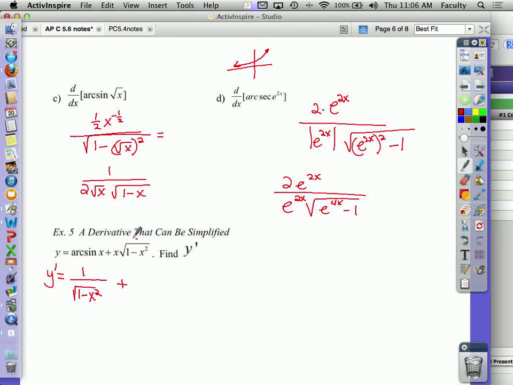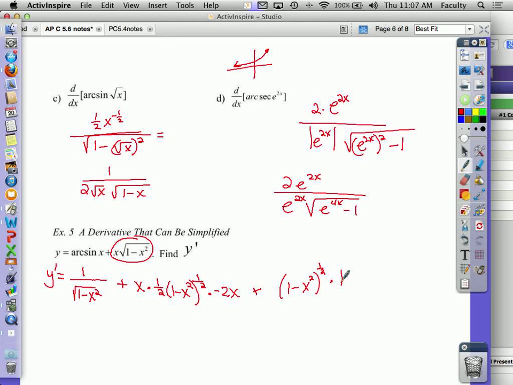Plus, now this is a regular product rule. So I'm going to take the first times the derivative of the second. Don't forget the chain rule. Now that's a negative. My bar just kind of got stuck in there. Plus the second, and I'm going to rewrite it as 1 minus x squared to the 1/2 times the derivative of the first. So does everybody follow what I've done?